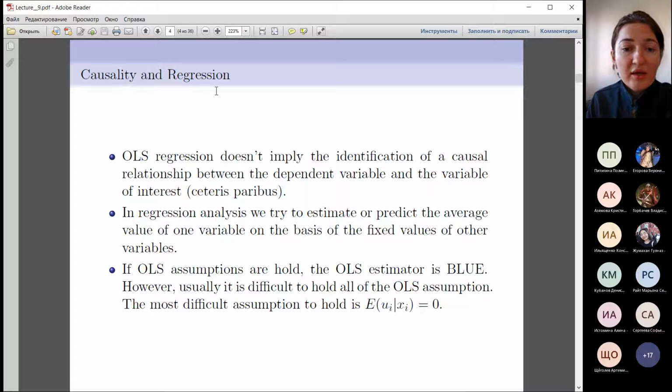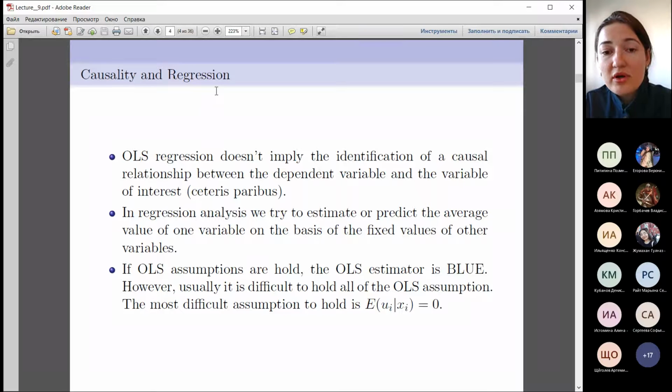But this could be only in the case when your coefficients will be BLUE, best linear unbiased estimators.